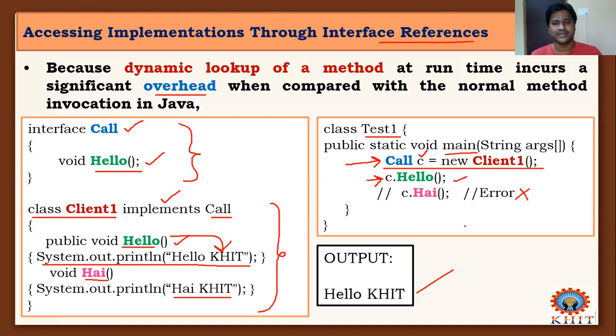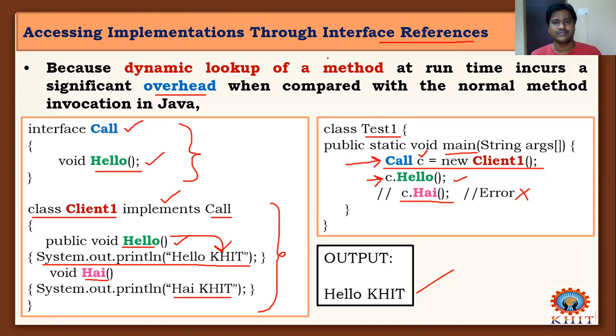It gives a compile error because c.hi is a local method defined in the class, whereas this interface reference variable can only know the methods defined in the interface, and those methods are implemented in the classes that implement that interface. So these are the two points to be clear from this example program.